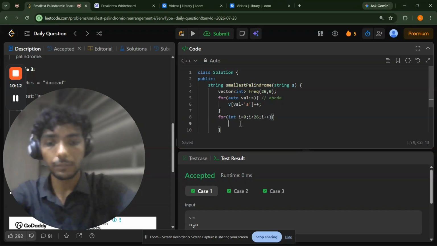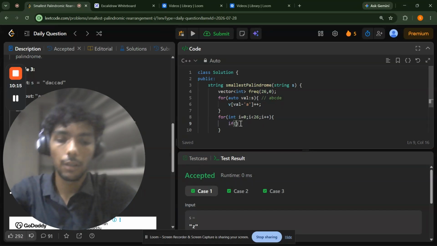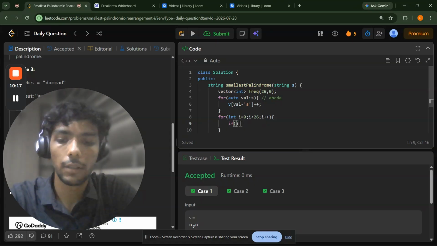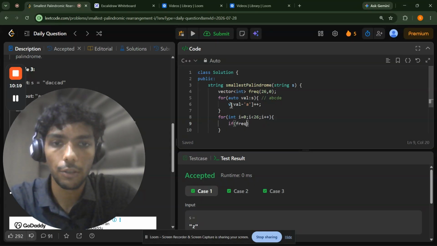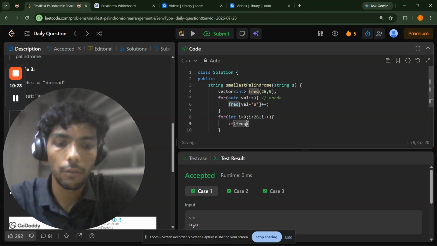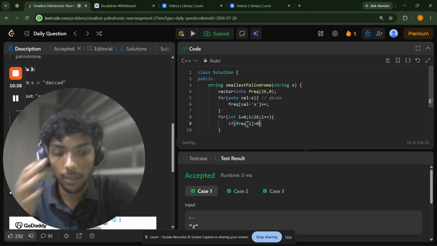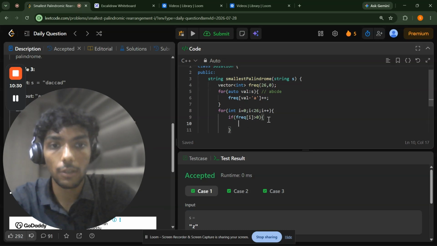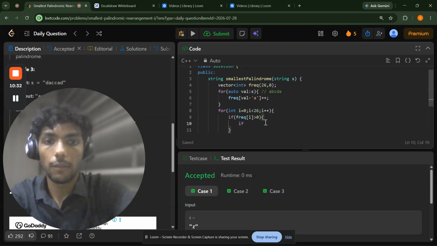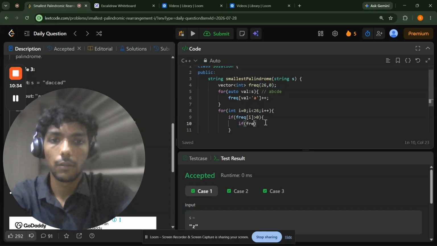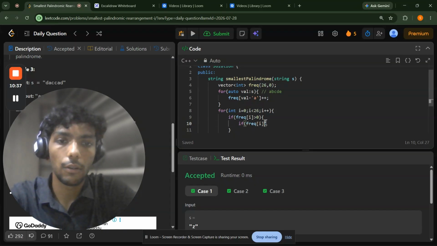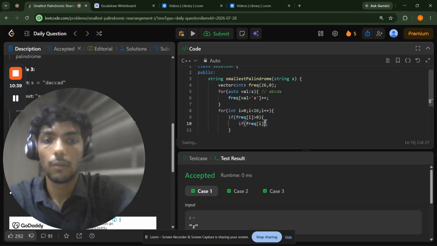Now we check the frequency. If frequency of I is greater than 0, it means that particular element is really present. And we check if frequency of I modulo 2 equals 1.